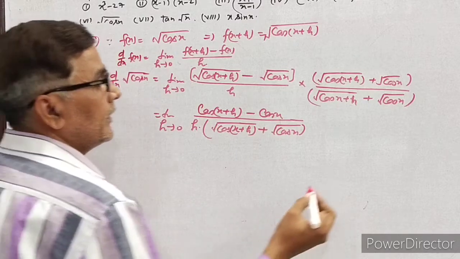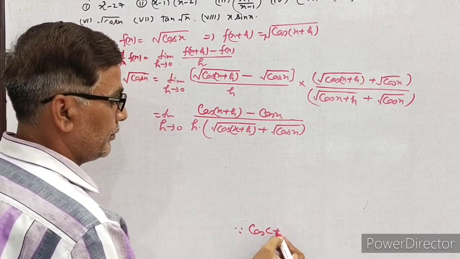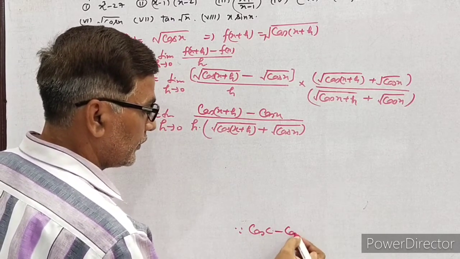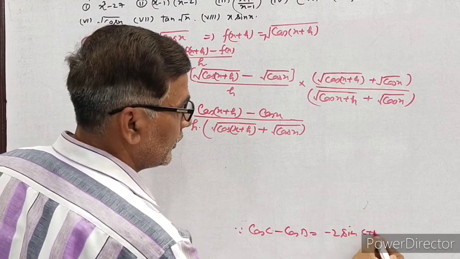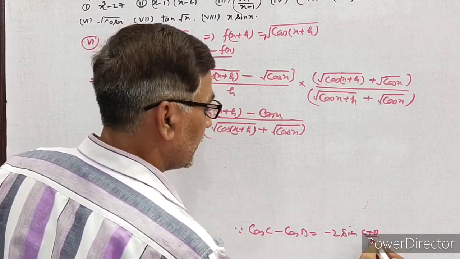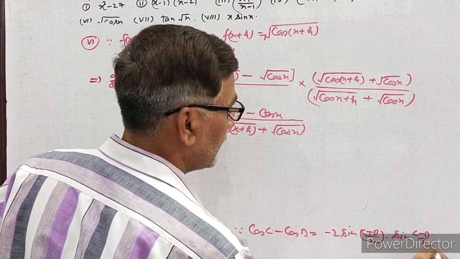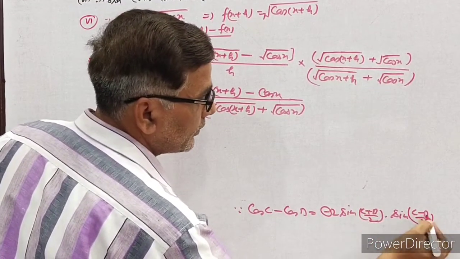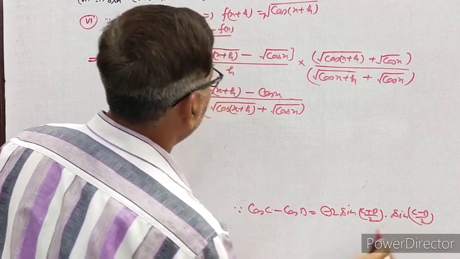Now we can apply the relation cos c minus cos d is equal to minus 2 sin ((c plus d) by 2) into sine of ((c minus d) by 2). If we write minus here, we must write here c minus d. If we put plus here, we should write here d minus c.